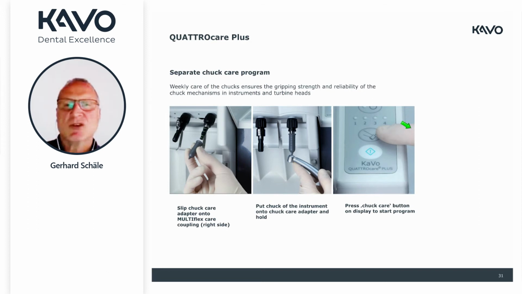And here it's shown how the separate chuck care program can be done. This will always be done on adapter number 4, which is shown here on the right side.